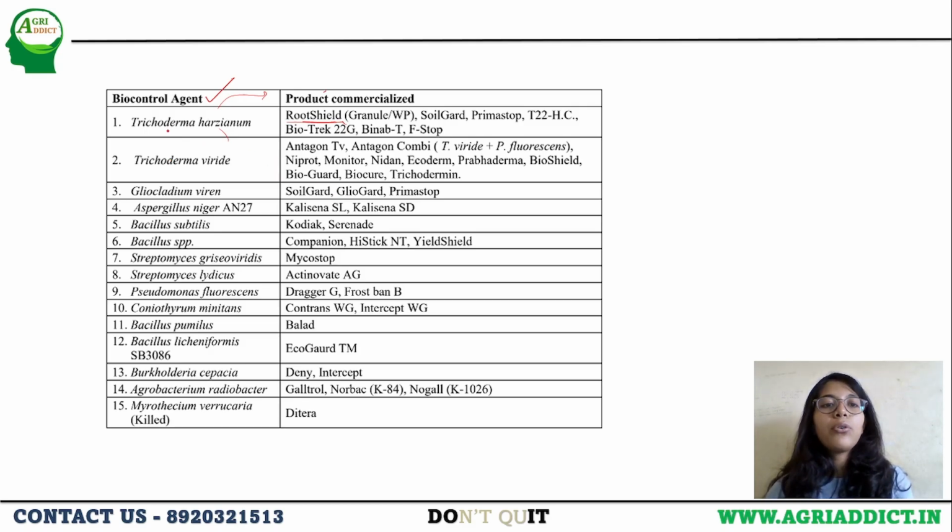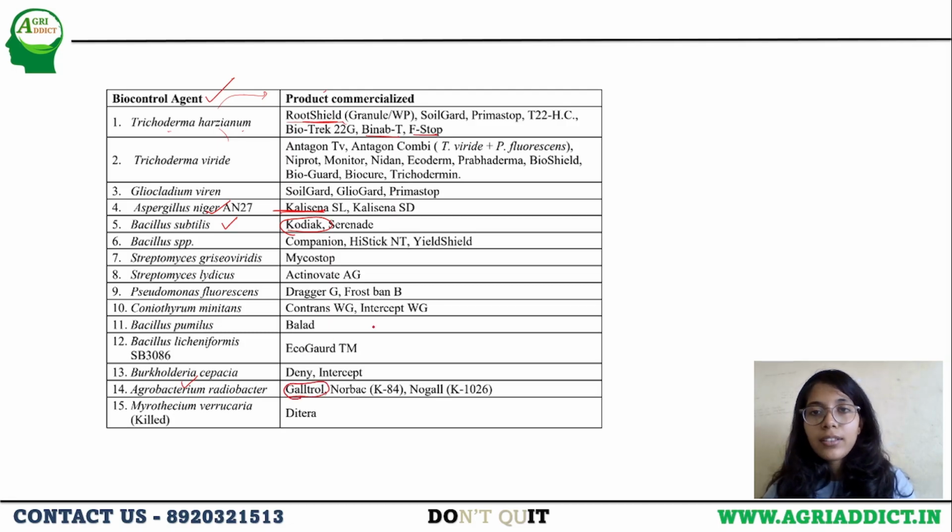For example, Trichoderma harzianum is sold under names like Root Shield and Binab T. Aspergillus niger, the product name is Calcine. Bacillus subtilis is sold under the name Kodiak. So from this list you can pick the important names and memorize some of them. Agrobacterium radiobacter is sold under the name Galltrol.